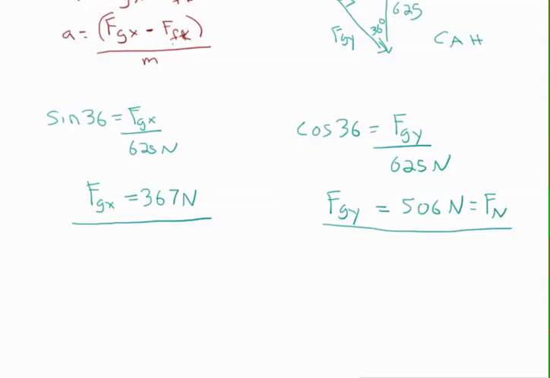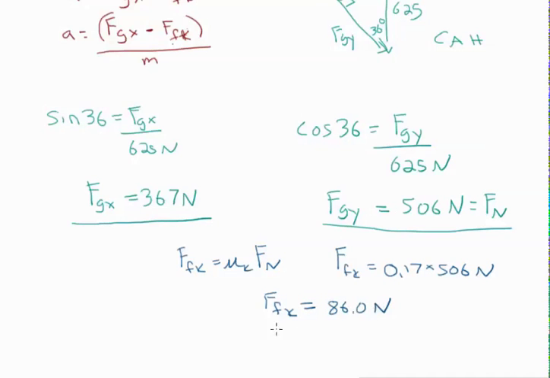We know that the frictional force is equal to the coefficient times the normal force. And we're given in the problem that the coefficient is 0.17 times this 506. So we know our frictional force is equal to 86.0.